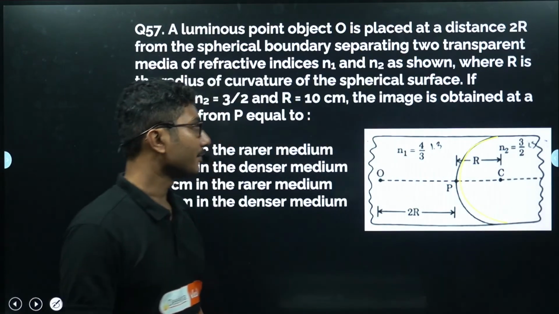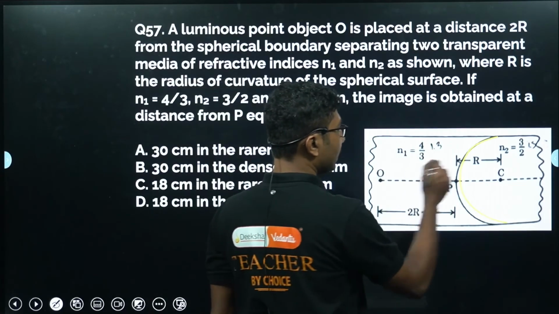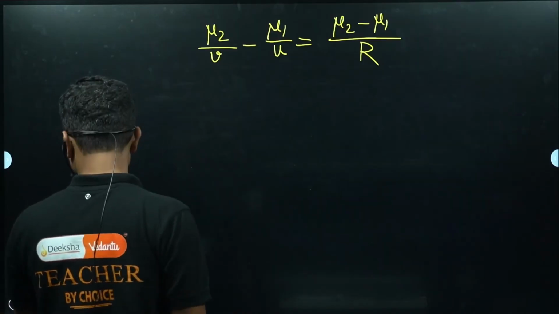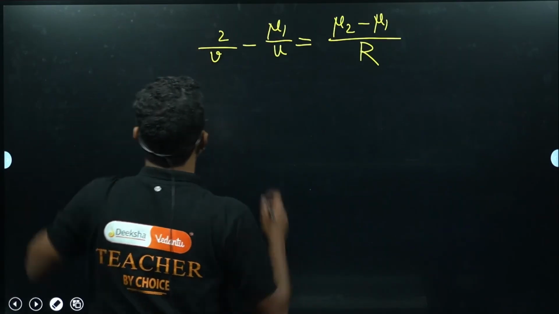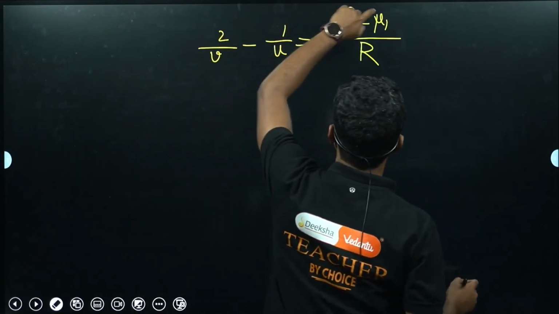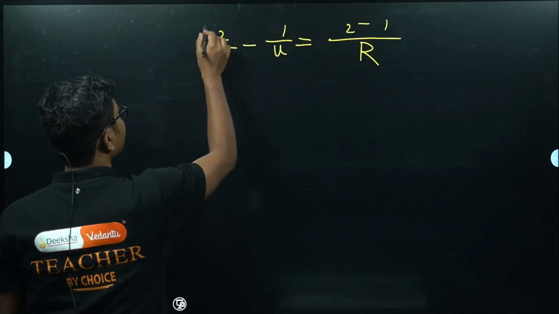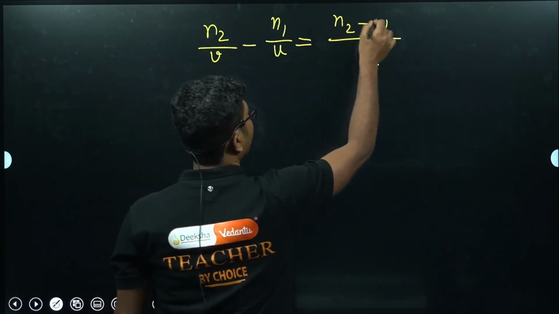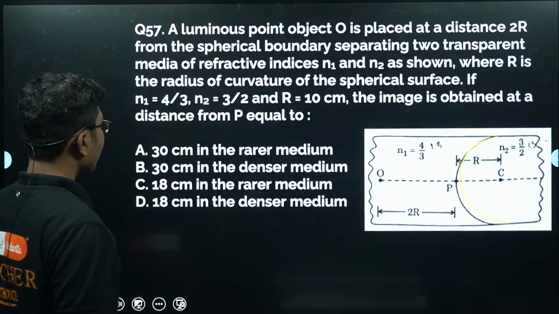So for spherical surface, if this is n1, this is n2, instead of mu1 and mu2, we can write this in terms of n, because n is given. So n2 by V minus n1 by u equals n2 minus n1 by r. Okay, so we have to calculate.